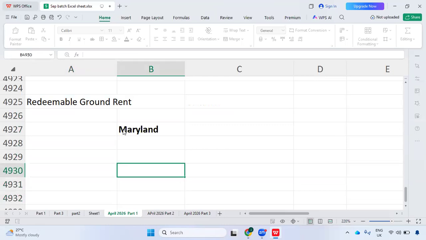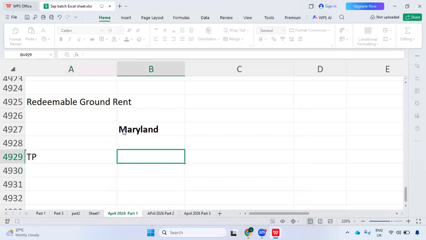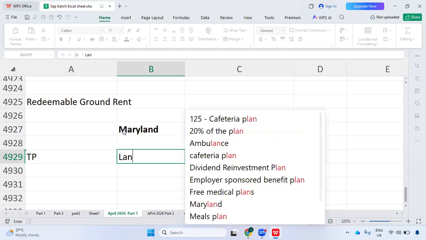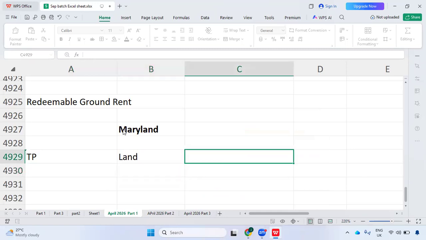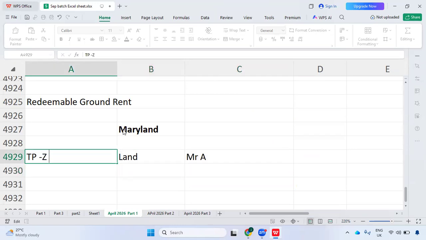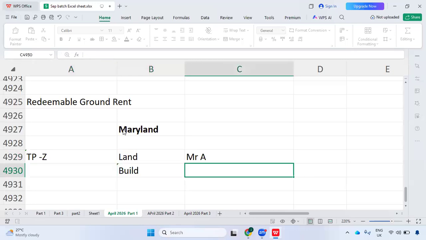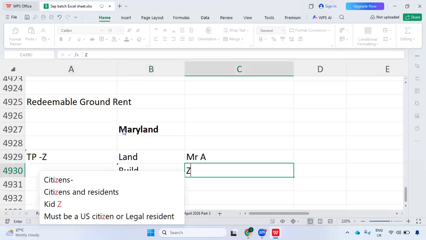Let's say a taxpayer wants a building for running his business. He doesn't have land, but if anyone has land, he can build the building. His friend Mr. A has a land, and our taxpayer G builds the building.